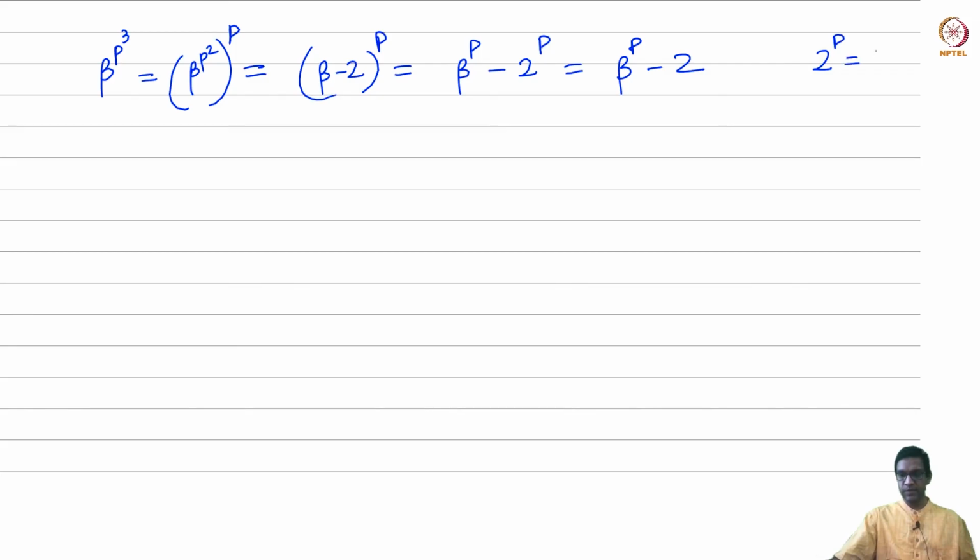Recall this is because 2 belongs to the base field, 2 is in F_p, and therefore when you raise it to the power p, you just get back itself. Beta to the p on the other hand is beta minus 1. So this is beta minus 3. In general, doing it d times, this will give me beta minus d.